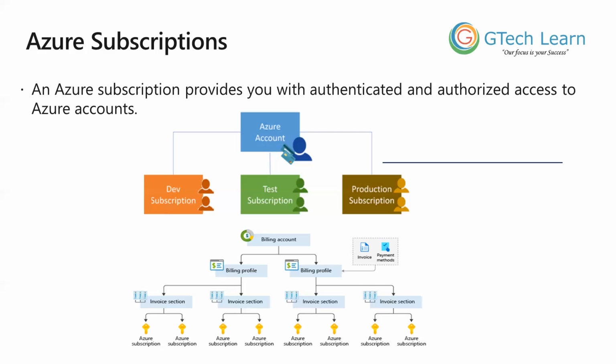And for that, we are creating additional billing profiles, and each billing profile has its own monthly invoice and payment method. So this diagram elaborates very clearly how different Azure subscriptions are related to the invoice sections, and those invoice sections are connected to the billing profile, and all these to one billing account. This is possible with the help of using different subscriptions.